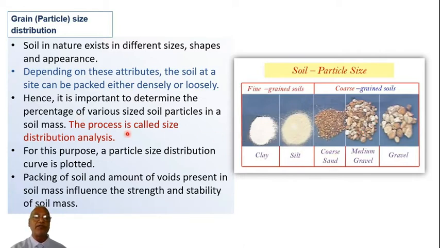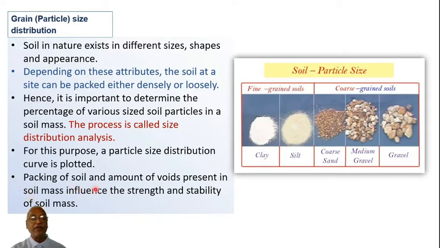So the process of identifying which part is what percent is called size distribution analysis, or particle size analysis. For this purpose, a particle size distribution curve is plotted. Now how to plot it and all, we'll see in detail.